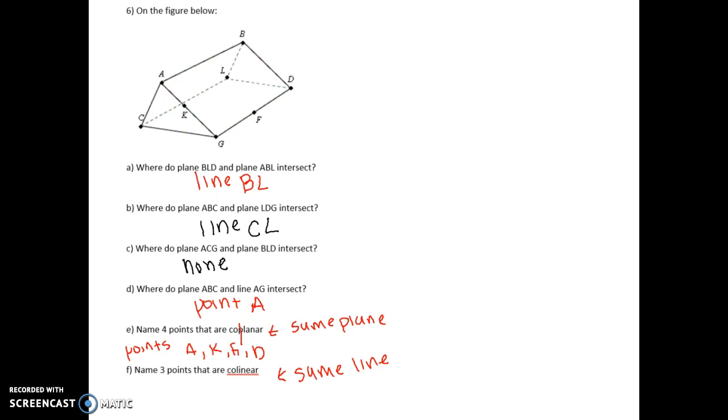So let's choose a line that has 3 points. I want to choose GFD. Again, 3 points, so that's what we would say our answer is. So 3 points that are collinear are points GFD.